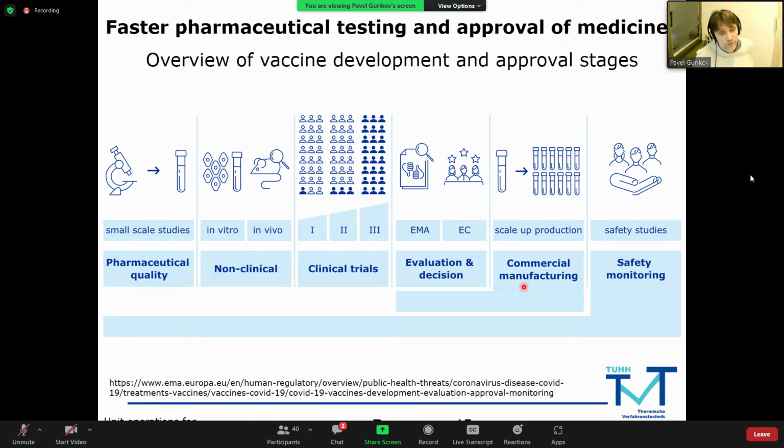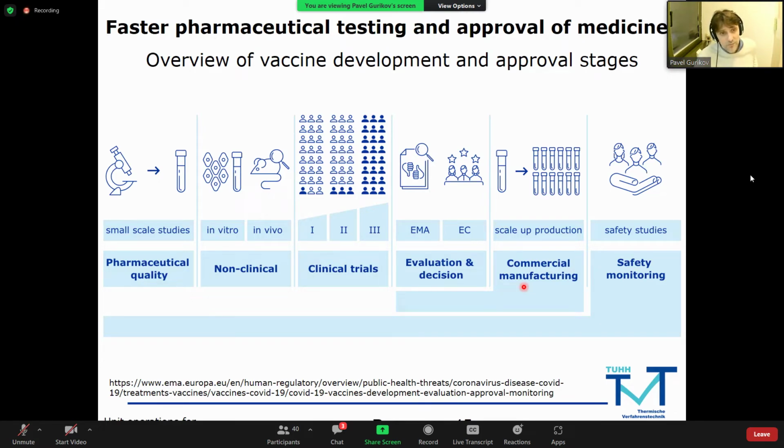The picture is taken from EMA, the European Medicines Agency. They have a nice webpage on COVID-19 development, evaluation and approval, but this scheme is applicable to basically each and every drug.